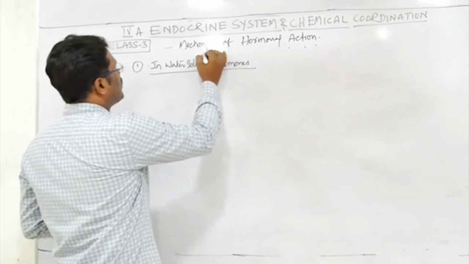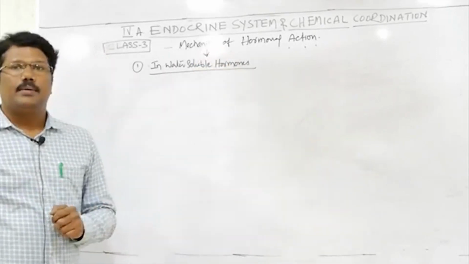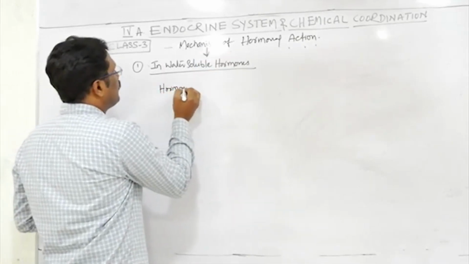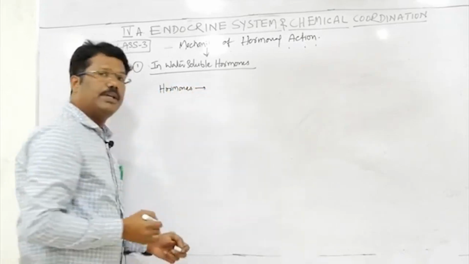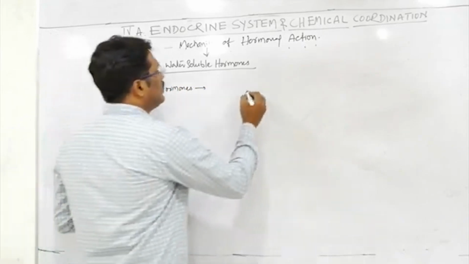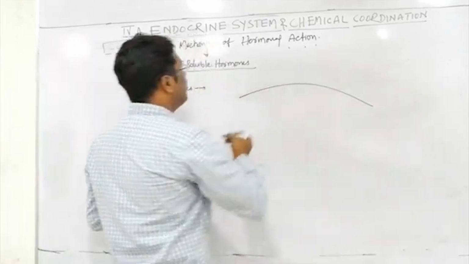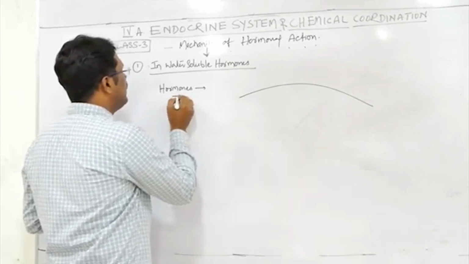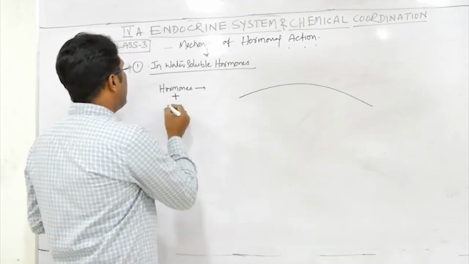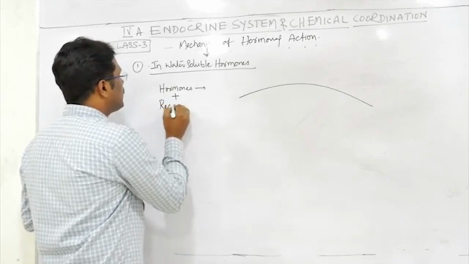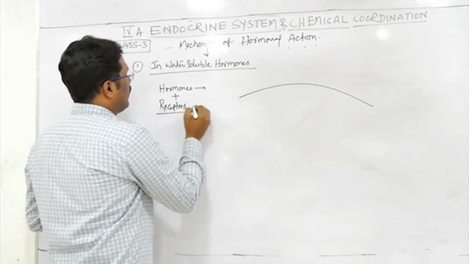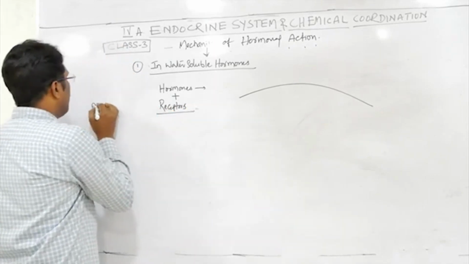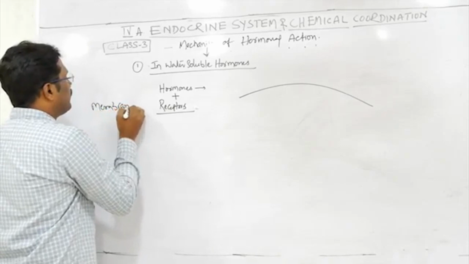So, the mechanism of action in water soluble hormones. You see, the hormone cannot enter into the cell because the cell membrane is a lipid membrane. So, they cannot enter into the cell. So, the hormones released from the tissues will combine with certain receptors in the plasma membrane, or you can say that these are membrane bound receptors.